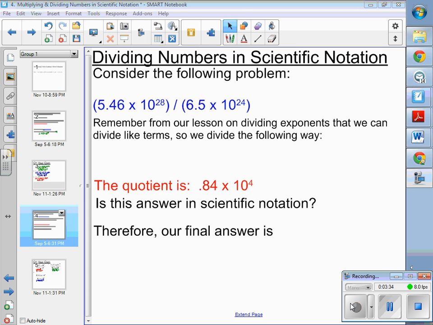Okay, so when we divide numbers in scientific notation, we look at the problem 5 and 46 hundredths times 10 to the 28th divided by 6 and 5/10, times 10 to the 24th. Now, when we look at this, really the way we should look at this problem would be written as a division problem like this.